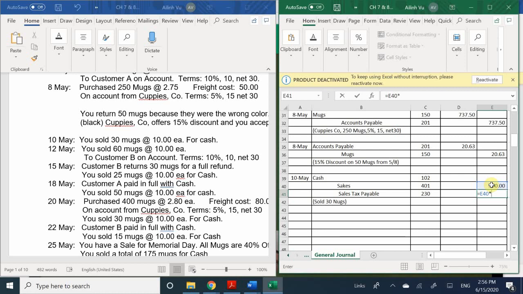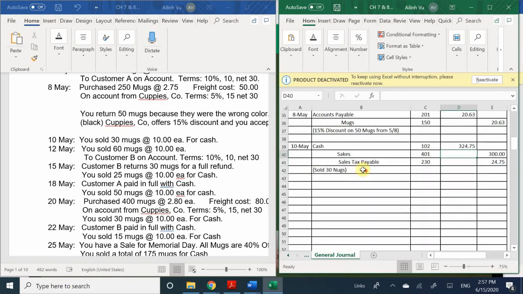That's 8.25%. Sales tax is $24.75. Yes. So that gives you $324.75 in cash. All right.